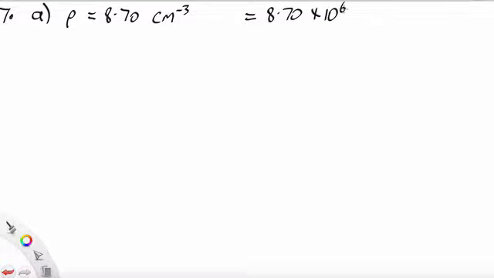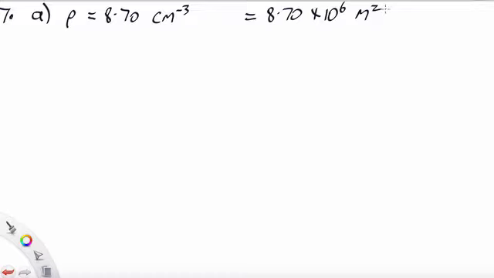Now, number 7. The first thing we're doing, now we have a density of 8.7 per cubic centimetre. Now, if that's in 1 cubic centimetre, we want to turn it into cubic metres, so that will be 8.7 by 10 to the 6, because it's 100 centimetres in a metre, so 100 times 100 times 100.